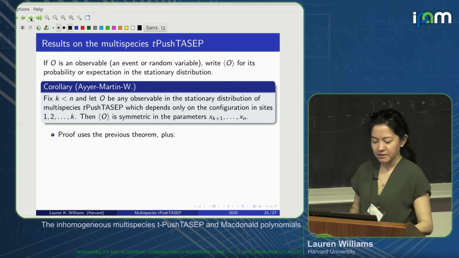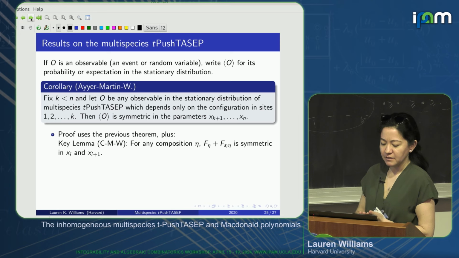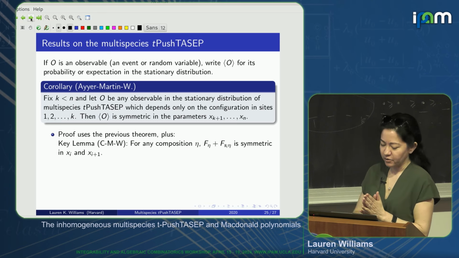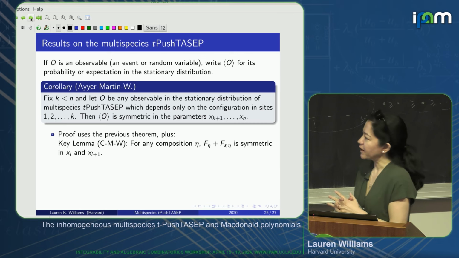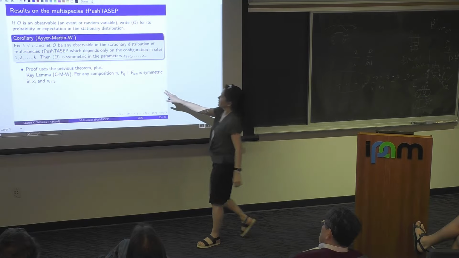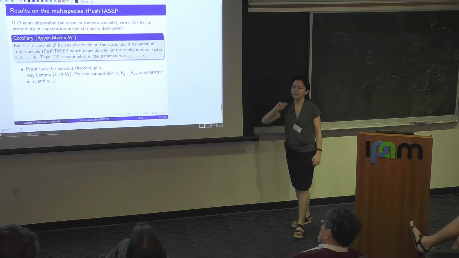In particular, this result uses a key lemma that we needed in the paper with Sylvie and Olia, which is that for any composition eta, the sum of these two ASEP polynomials is symmetric in x_i and x_{i+1}.